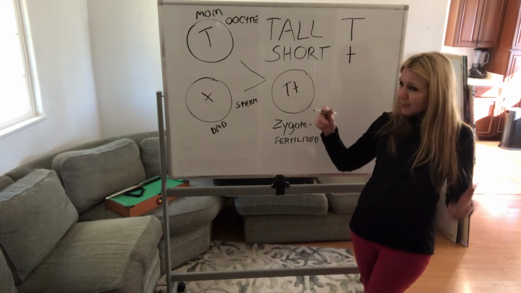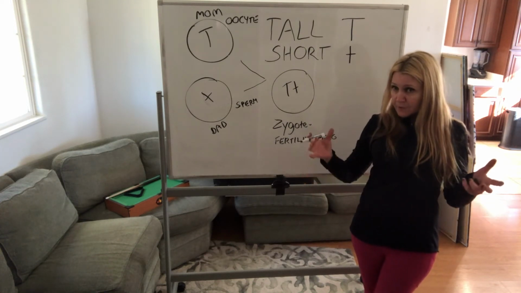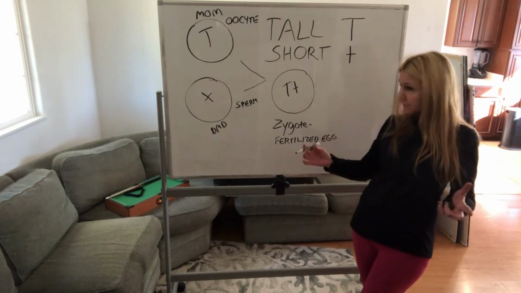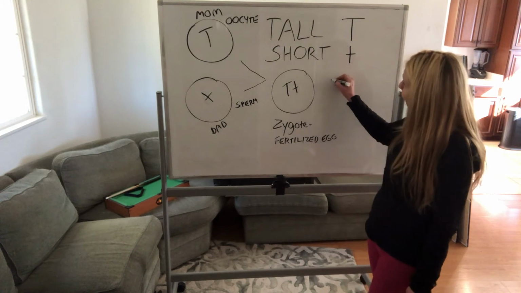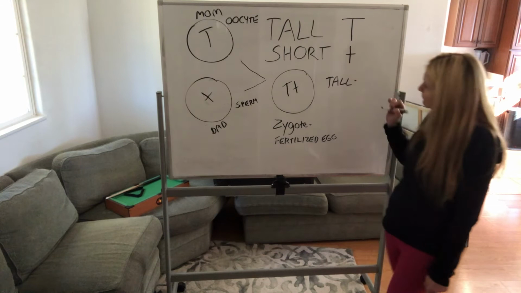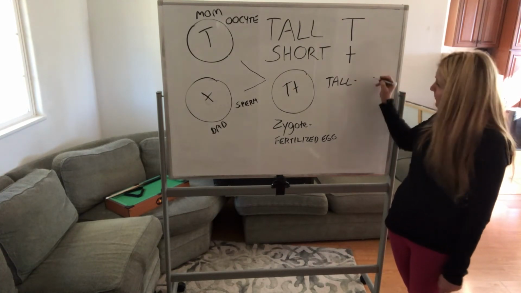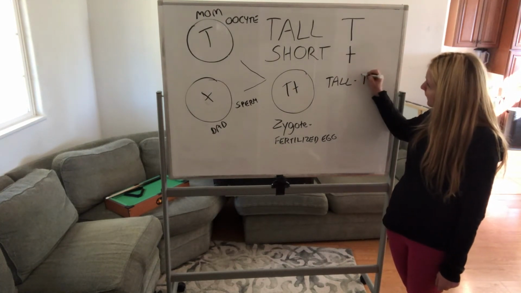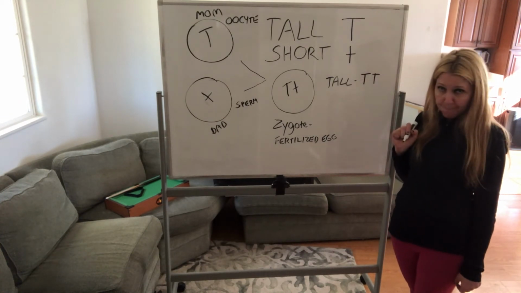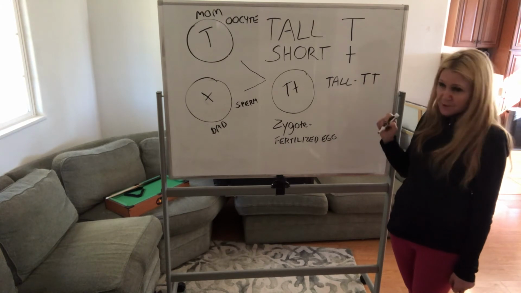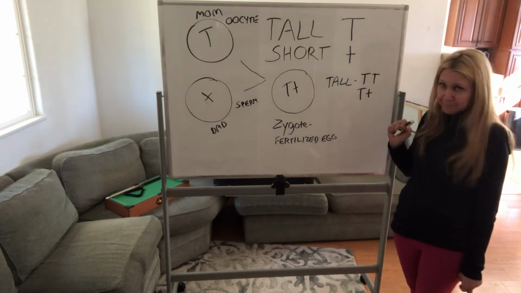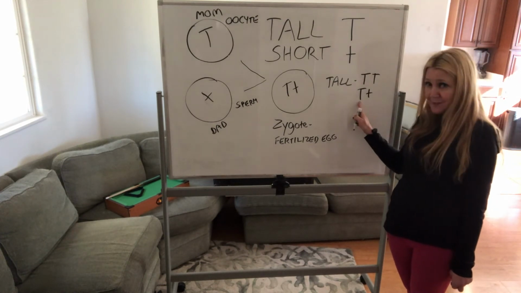If we're looking at plants, tall plants are going to have two versions of genes. To be a tall plant, they have to have two genes. They can have two big T's, so two big T's is tall. They can also have a big T and a little t, because the big T is dominant.